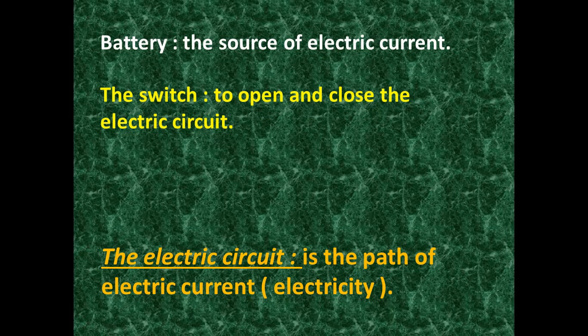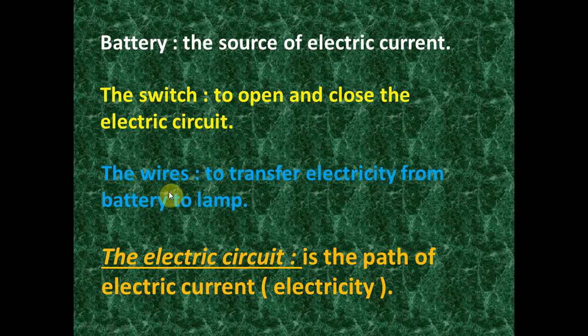And the last part is the electric wires. We use the electric wires to connect all the parts of the electric circuit together, then to transfer the electricity from the battery to the device, or here to the lamp.